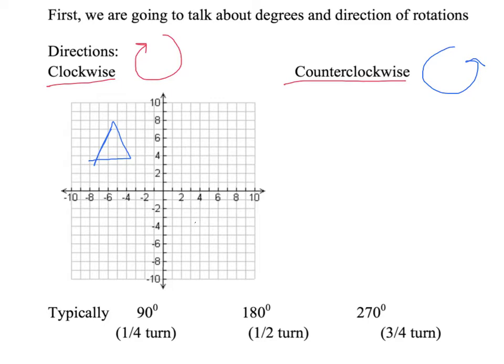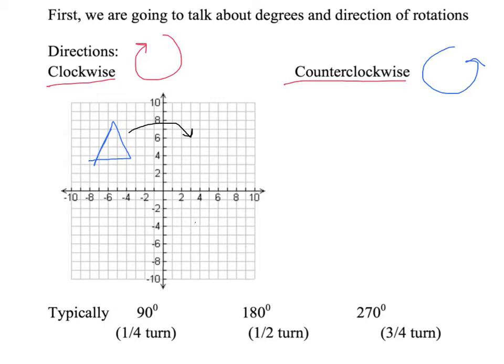And then your direction. So let's look at the blue triangle. If I wanted to rotate it 90 degrees clockwise, I would go from quadrant 2 to quadrant 1. That's a quarter turn.